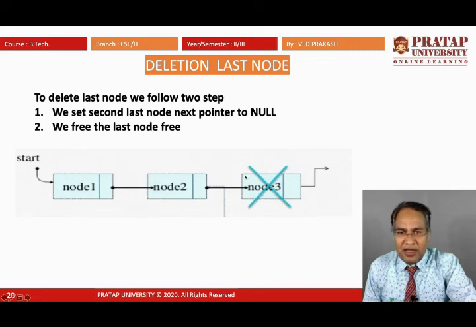In this linked list, I have to remove this last node. To remove it, I have to reach the second last node, and after reaching it, I set its next pointer to null, and the node after this will be freed from here.